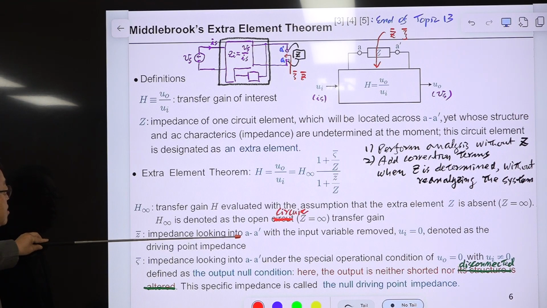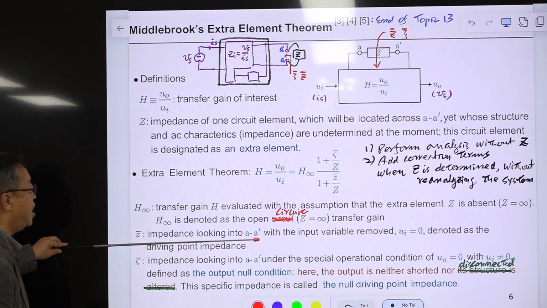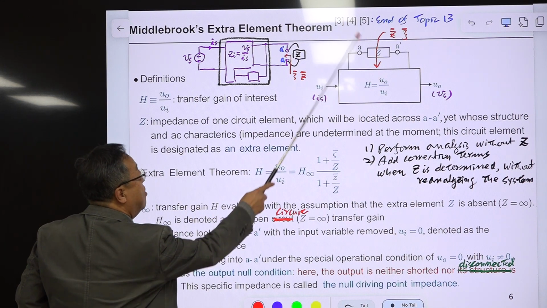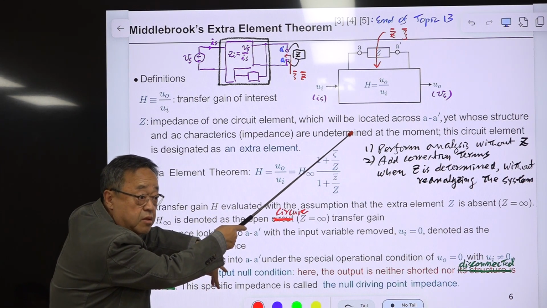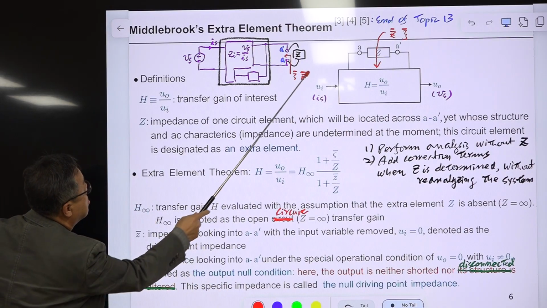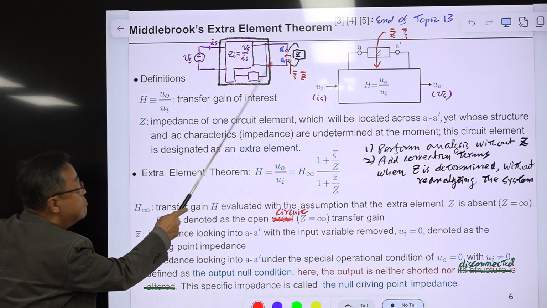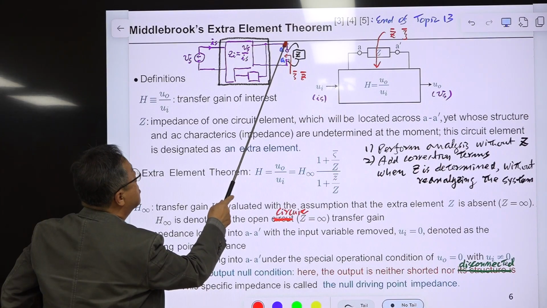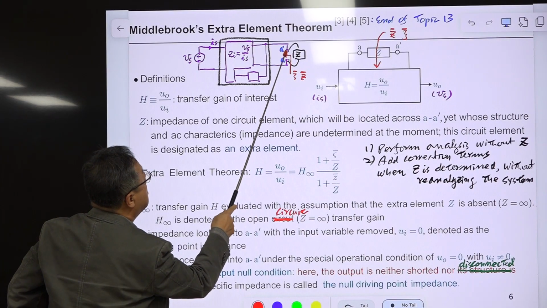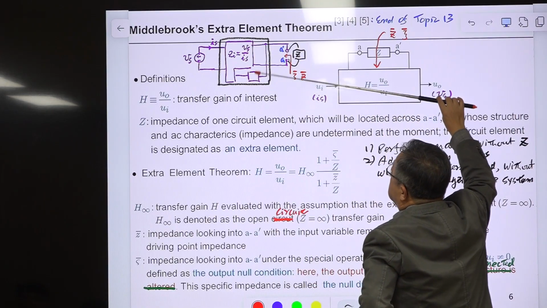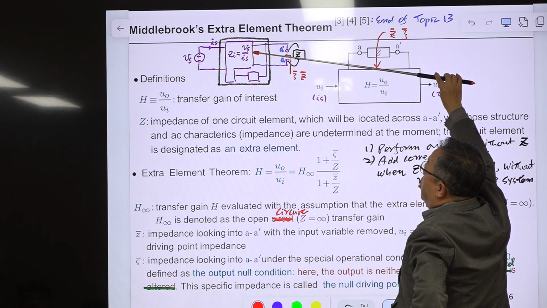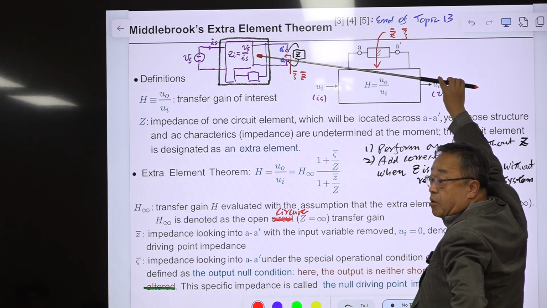G bar is the impedance looking into this A opening, this hole through this slot. If you think about it, this is the output impedance, right? Because G is here, this is our voltage, and this is our terminal. So for this case, this is the output impedance of the uncoupled converter.